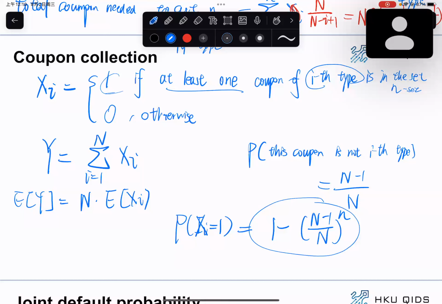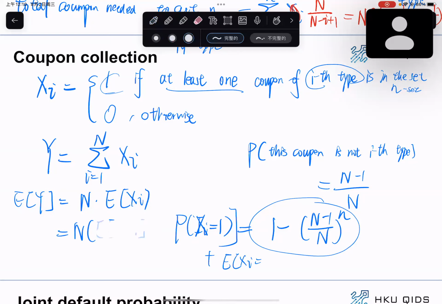And this is going to be n times (1 multiplied by the probability that xi equals 1, plus 0 multiplied by the probability that xi equals 0), and this is canceled out.